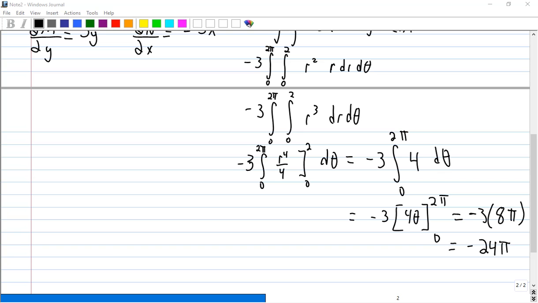Let's see if I can find us one more problem, maybe using Green's theorem to find some work. Put it to work for us.